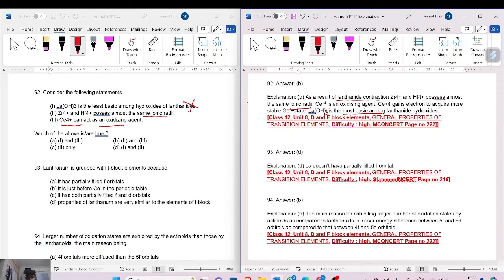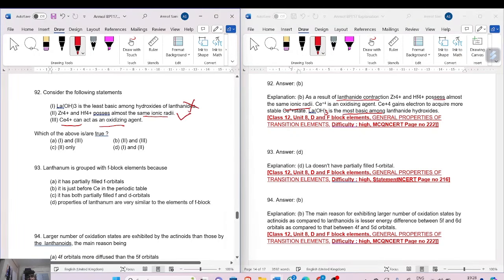And Ce4 plus can act as an oxidizing agent. This is also correct because Ce4 plus can go to a more stable state, which is Ce3 plus. So it will get reduced and it will oxidize the other element or compound. So it can act as an oxidizing agent. So correct are second and third, so the correct option will be B.